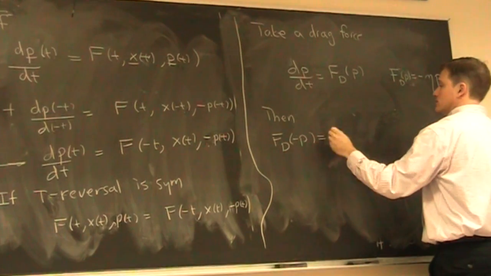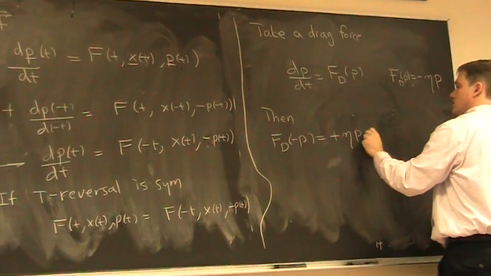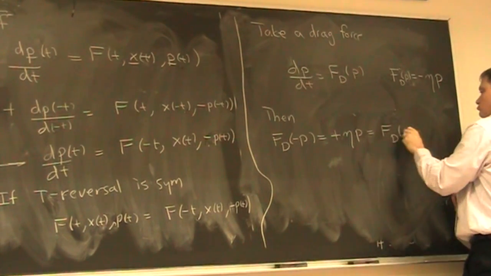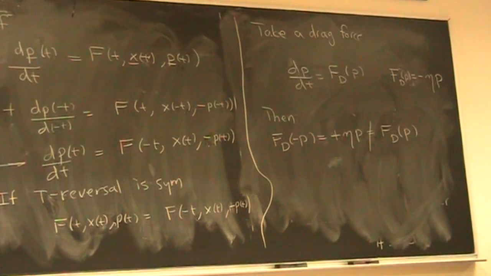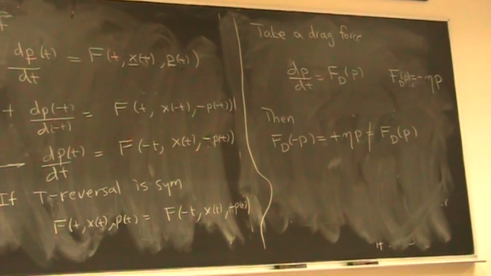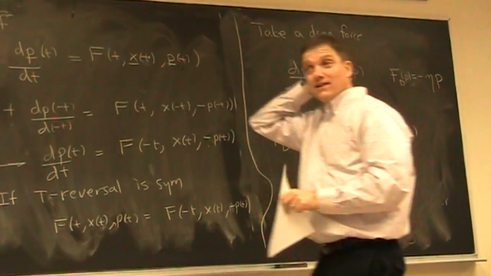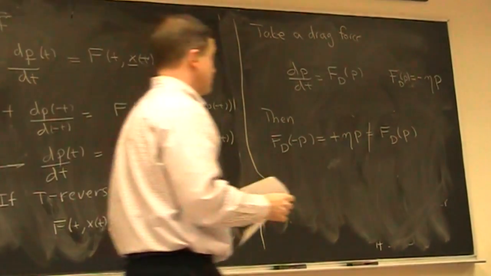Minus p is eta plus eta, which is not equal to p. So in such a case, time reversal is broken by the nature of the forces, and it's not going to be a good symmetry of the solution.